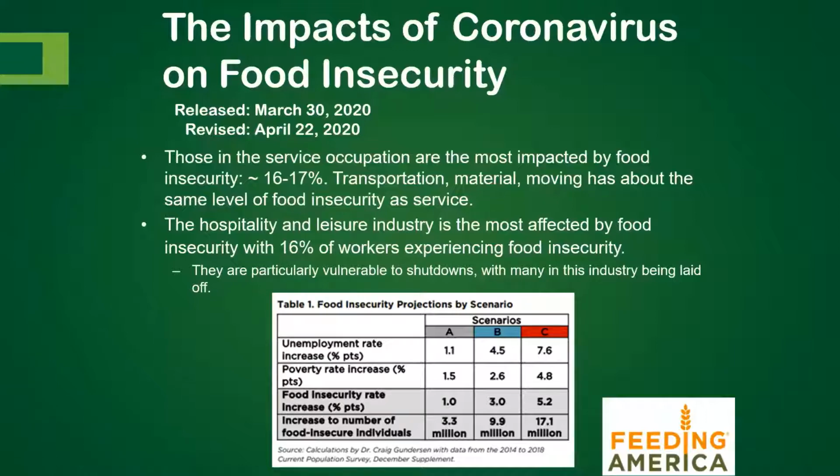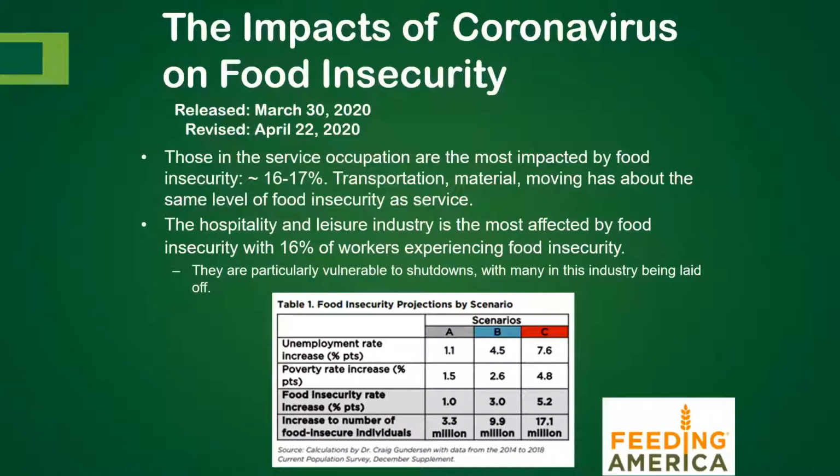One of the most important things mentioned in this study was that those in service occupations are the most impacted by food insecurity, at about 16 to 17% of that workforce. The transportation, material, and moving occupations had about the same level of food insecurity as service.